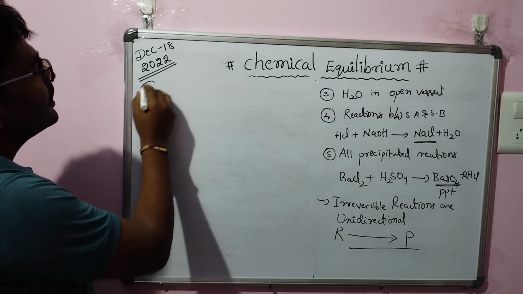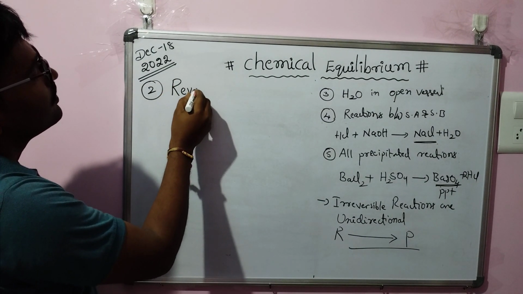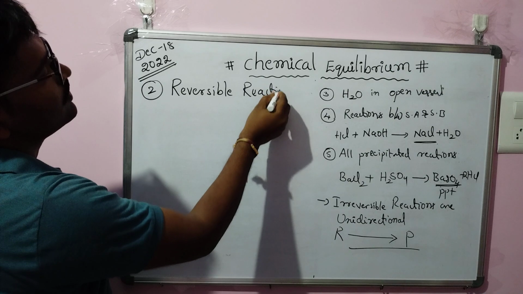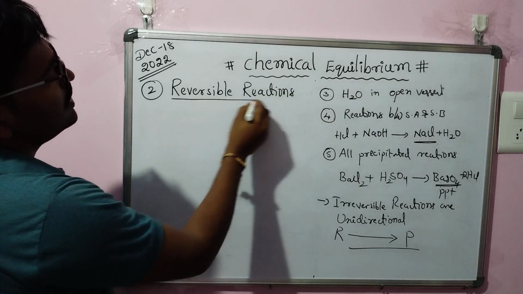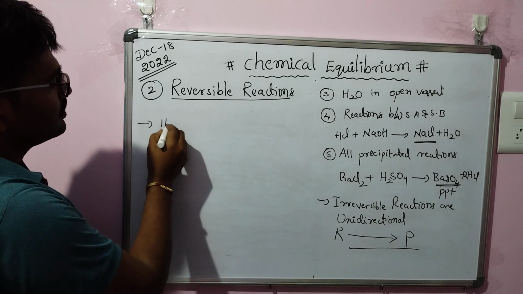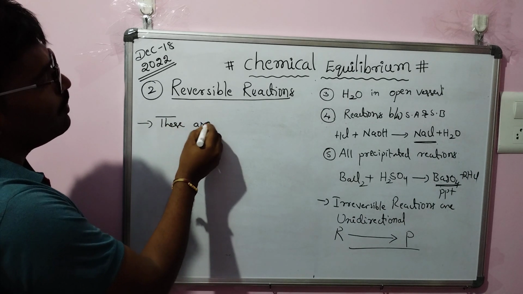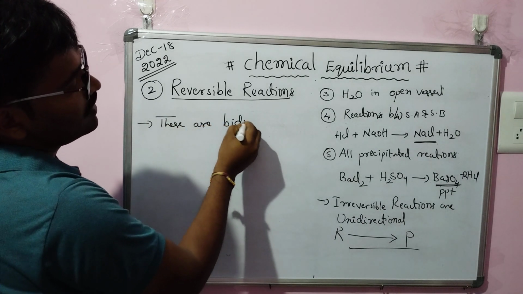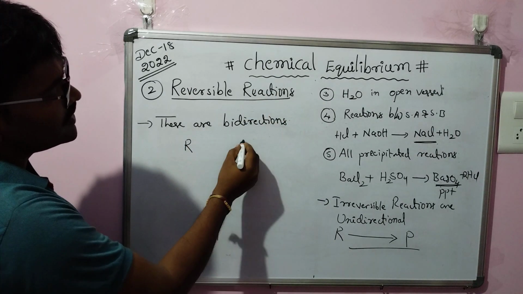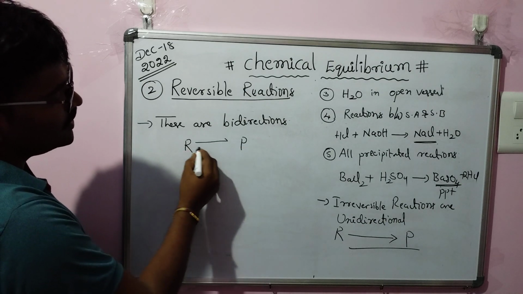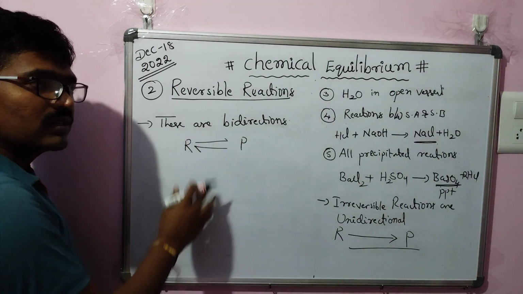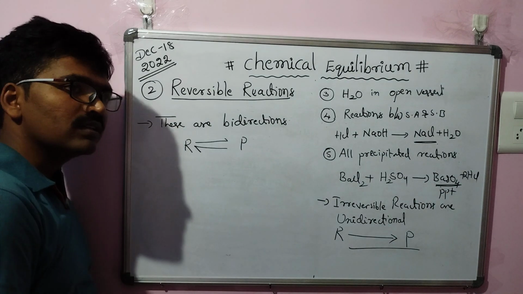Now the second type we are taking, that is reversible reactions. Which are the reversible reactions that we have to discuss? These are bidirectional reactions. Between the reactants and products, we can represent them with two arrow marks like this. The reactant can be converted to product, and then the product can be converted back to reactant.